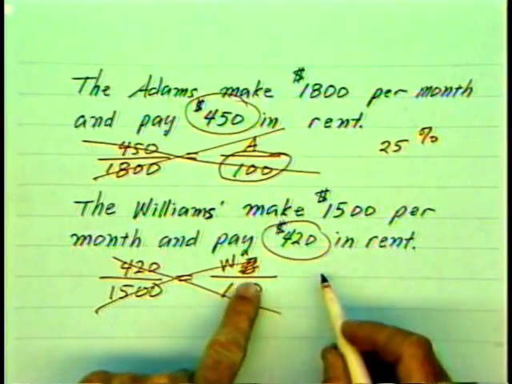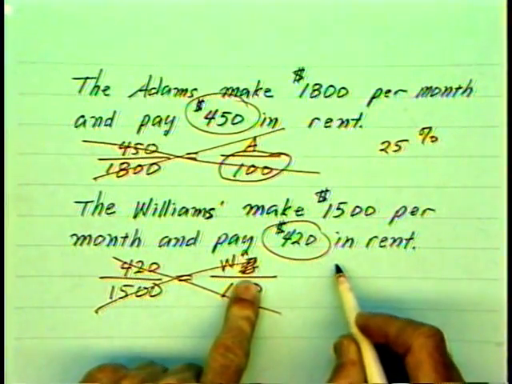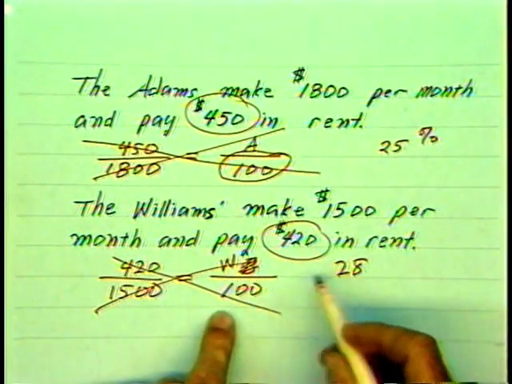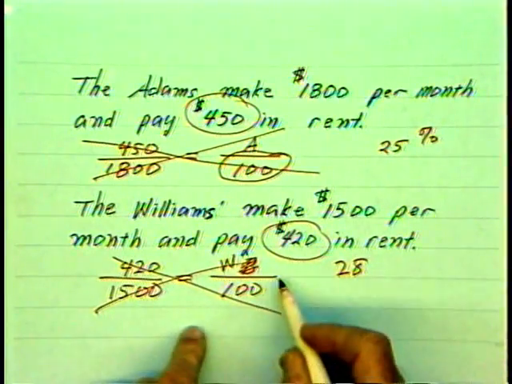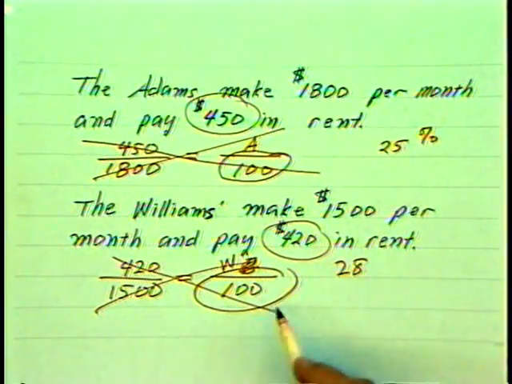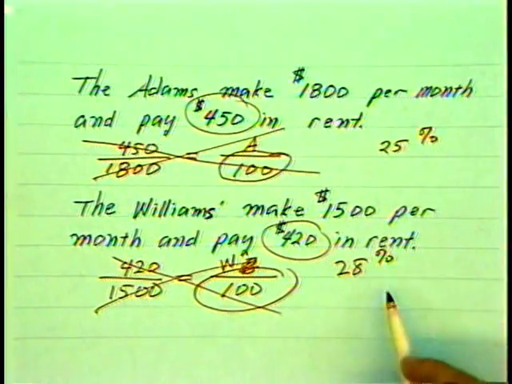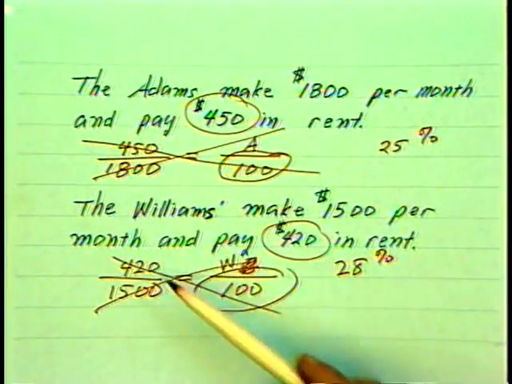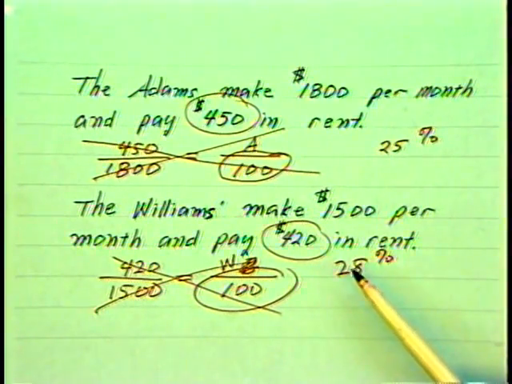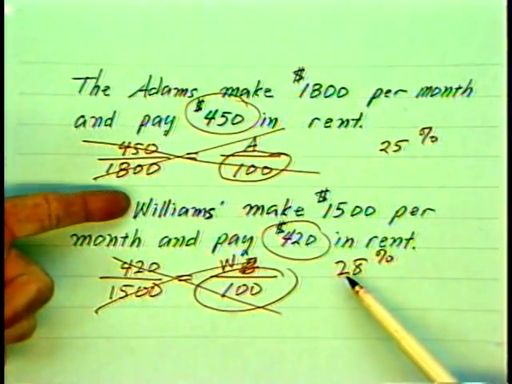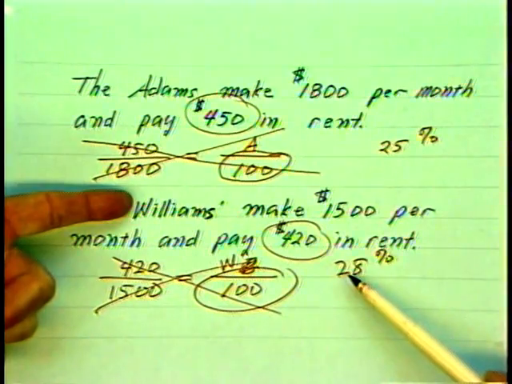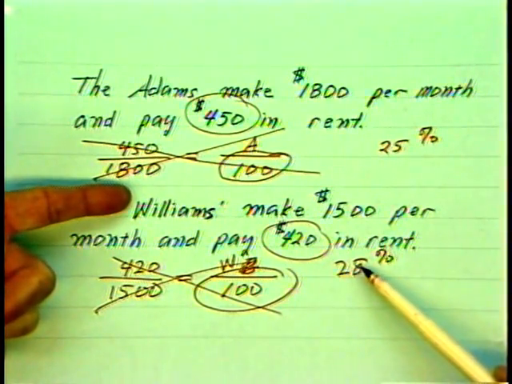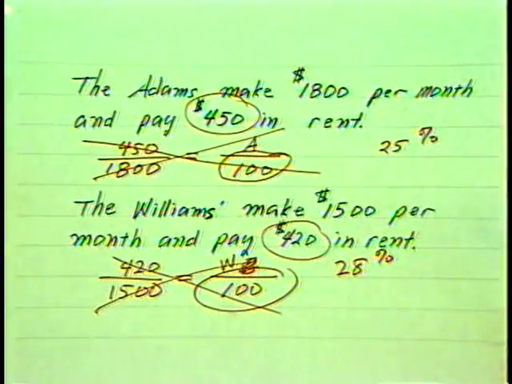So we could say that the Williams pay $28 per every 100. And again, rather than saying per 100, we say per cent, just as a substitute symbol. So relative to their income, it turns out that the Williams are paying more out of their income, relatively speaking, in rent than the Adams are.